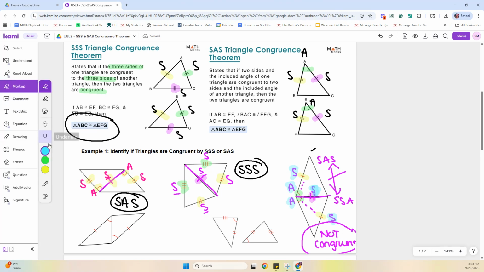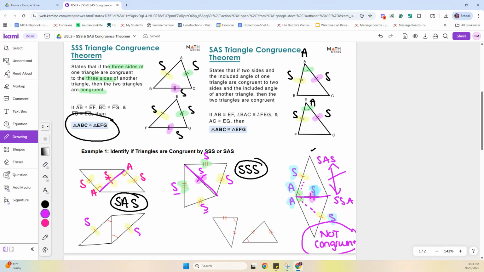Our next one, let's see what's going on here. We got a side over here and a side. Then we got an angle and an angle. And then again, I see this overlapping side right here, so I'm going to mark that.